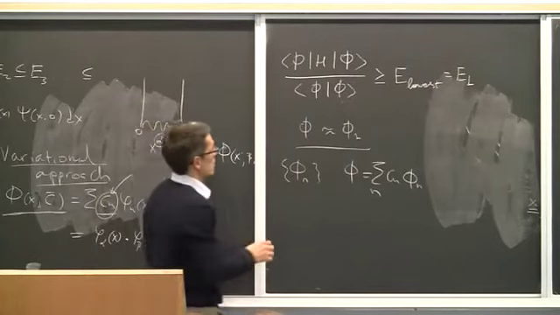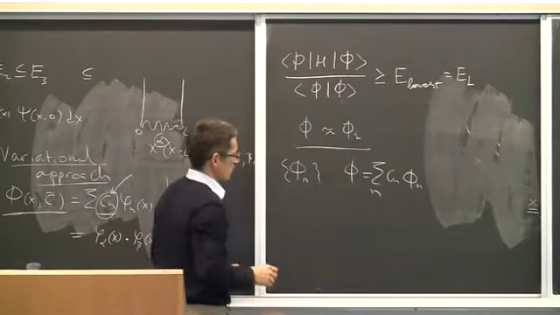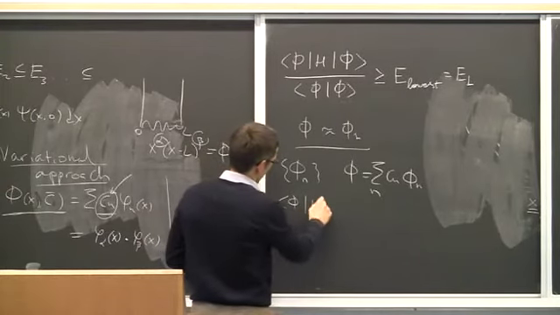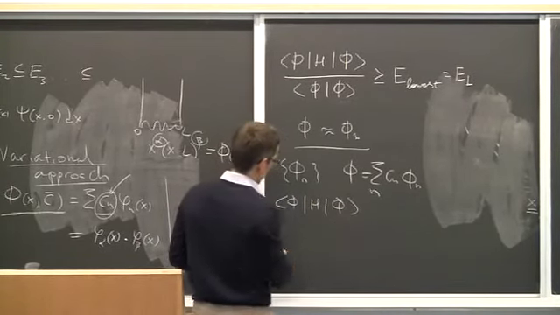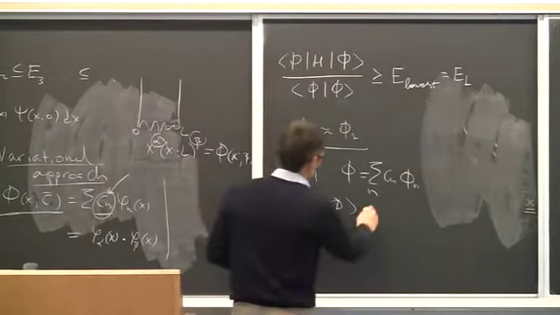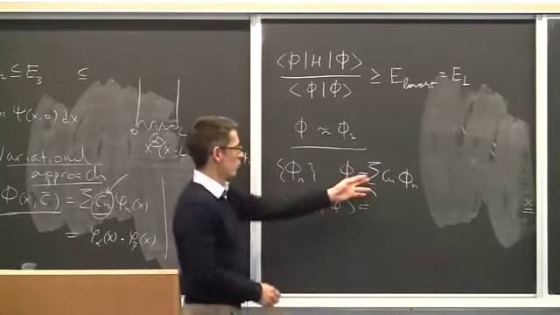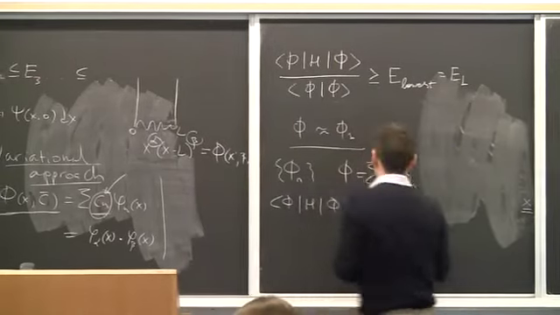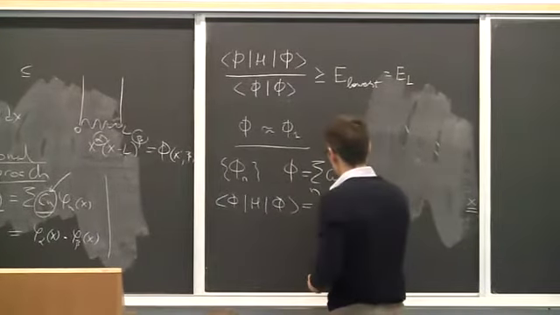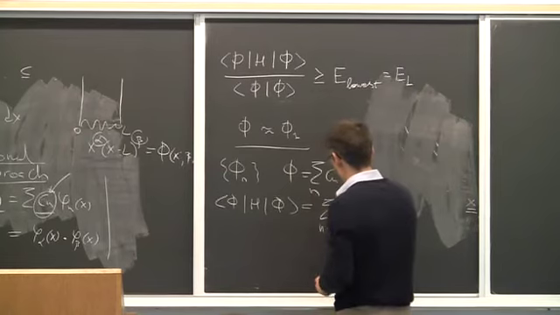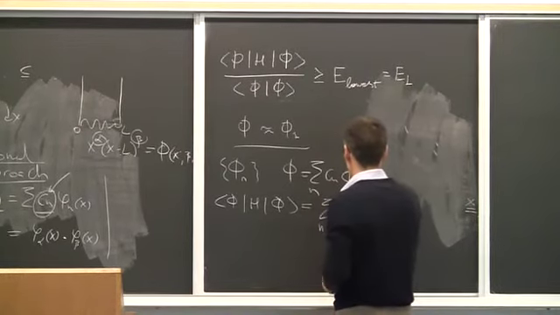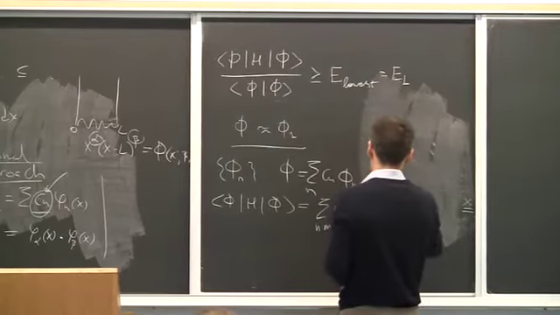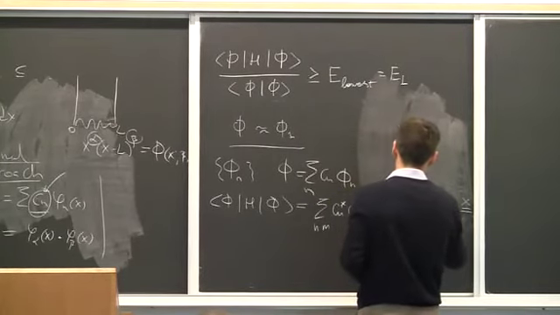So we have this expansion. Now we can form this expression. There will be two parts, phi H phi, and the denominator. For phi H phi, we put this linear combination in the bra and ket parts. What we get is a double sum over n, m of c_n star c_m times phi_n H phi_m.